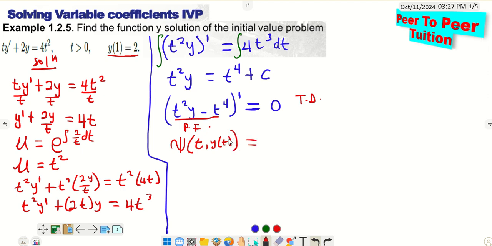And if I should take its derivative, then I will get 0. So it means that our potential function is always equal to a constant c, and that potential function is what is inside the bracket, which is t squared y minus t exponent 4 should be equal to the constant c.